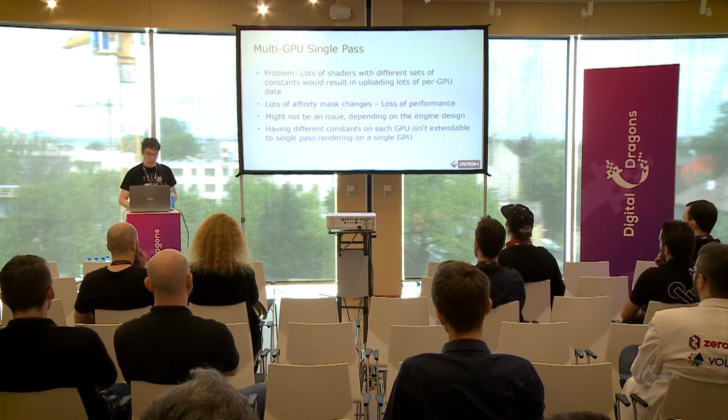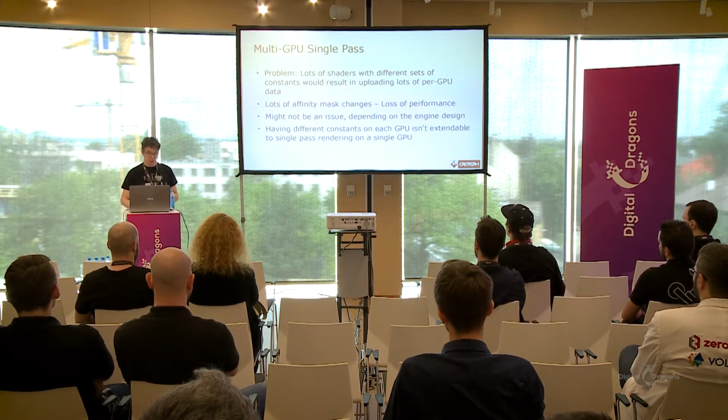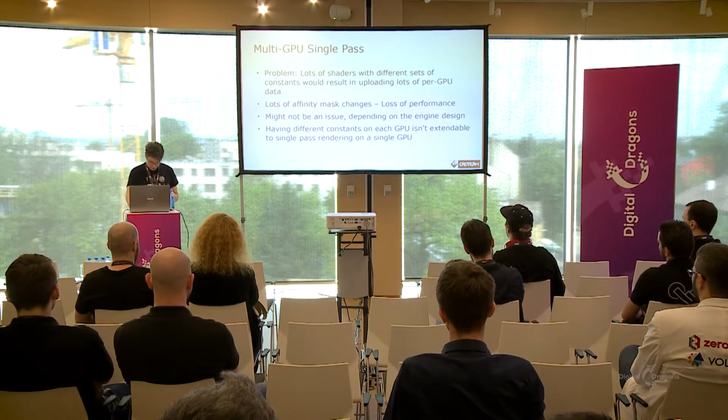And this would mean we'd have to upload a lot of per GPU data, which requires a lot of affinity mask changes, which severely decreases performance because the vendors, NVIDIA and AMD, don't recommend setting GPU affinities too often.